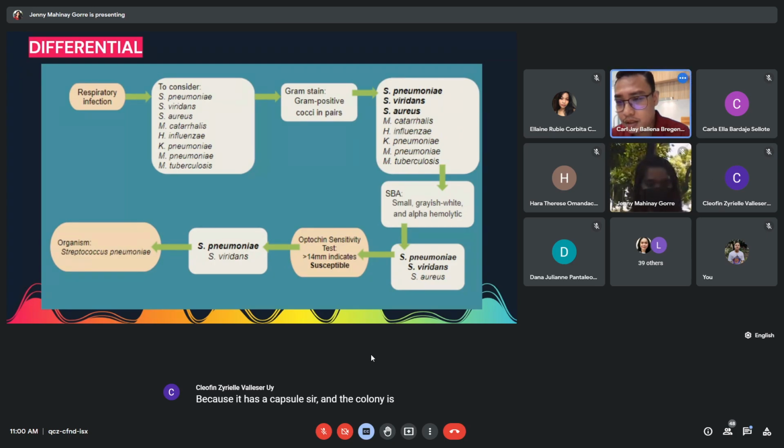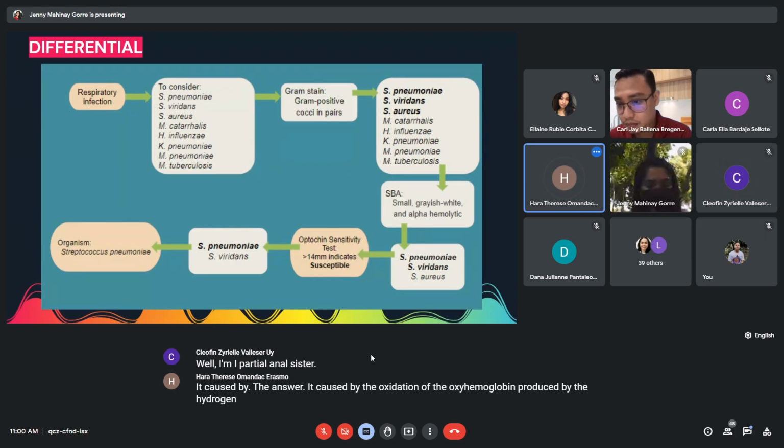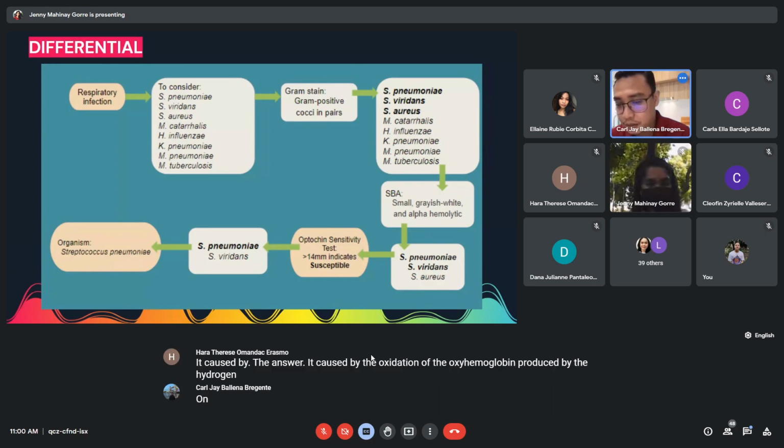Ha? Being capsulated and mucoid does not make it alpha hemolytic. What causes the hemolysis on the blood agar plate? It is caused by partial oxidation of the oxyhemoglobin produced by hydrogen peroxide. Or what is it? Because of what?